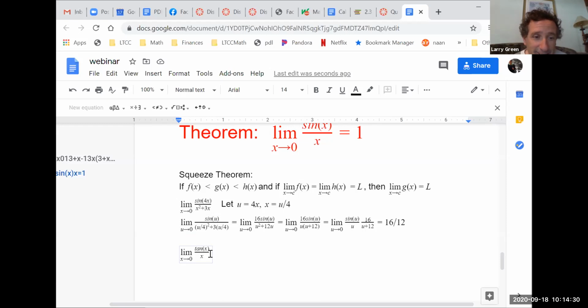This last one I can do in a few seconds. How do I do the limit as x goes to 0 of tangent x over x? By the way, if I plug in 0, I get 0 over 0. We're used to that. So what can I do?